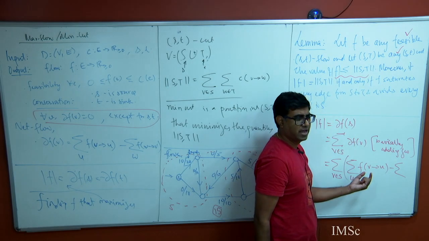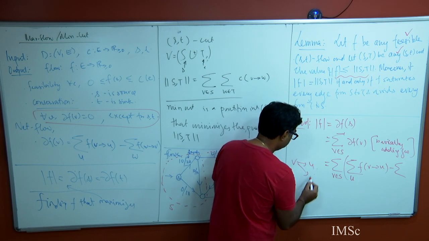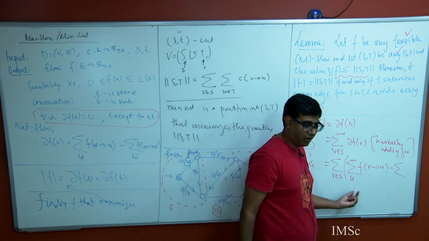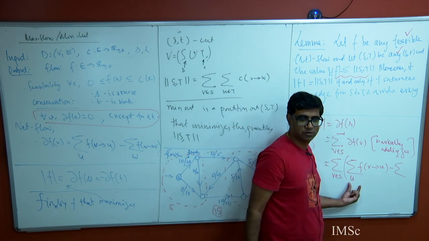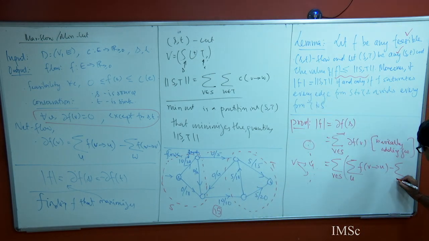Doesn't matter, because look at v and look at u's: all those vertices which do not have an edge are anyway 0. So I can sum over all u's, right? And minus summation going over all w of F from w to v, right? Am I right? This is what it is.